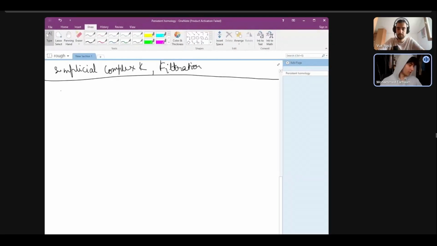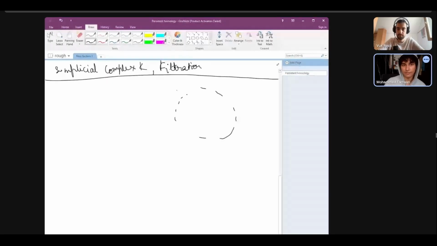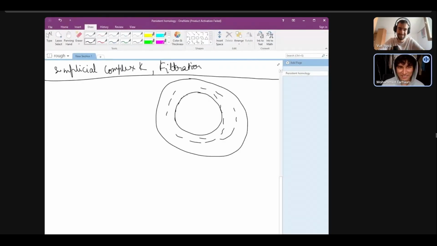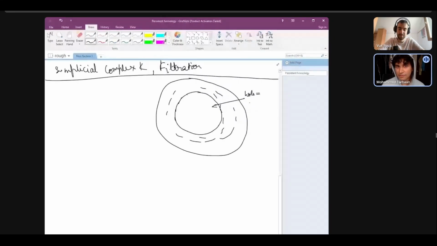Now what we're going to talk about is algebraic invariance. So what exactly do we study about our data when it is unstructured? I had mentioned holes, right? So if this whole thing gives us a hole, then a hole is a type of algebraic invariance.